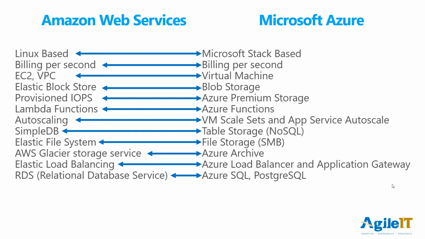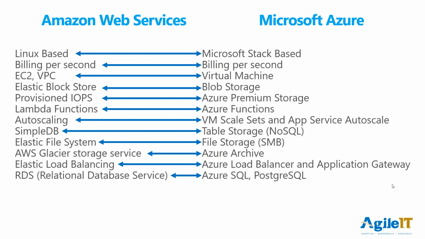I thought it was Elastic Cloud Computing. Yeah, you're right. And VPCs, which is their virtual networking concept. Azure uses just the term virtual machine, which makes it a little more clear.